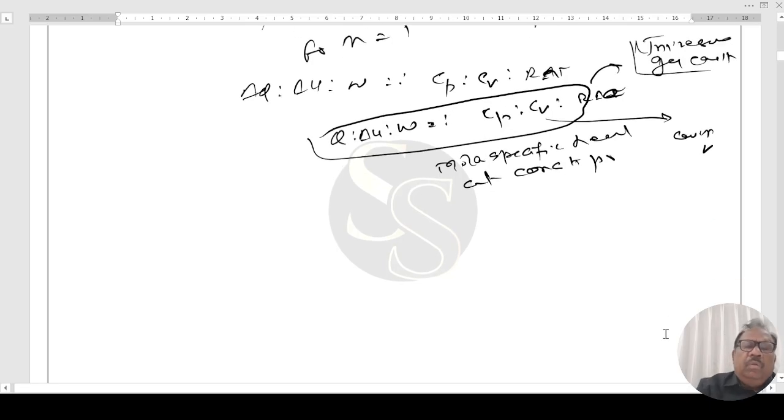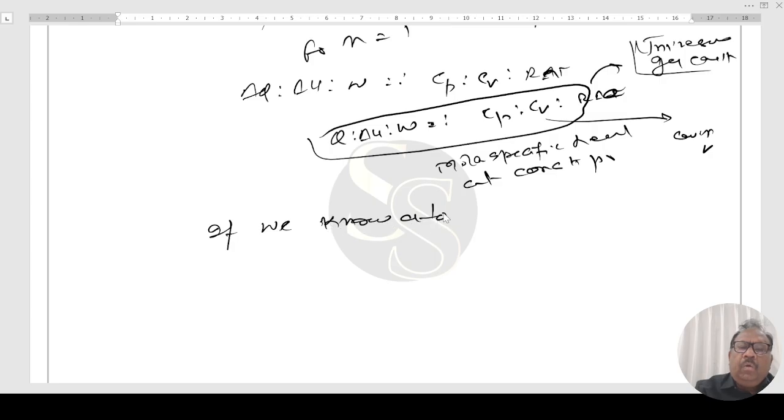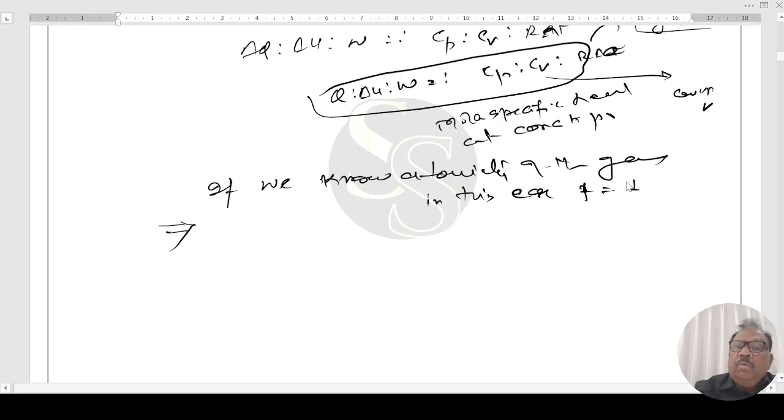Now, if we know the atomicity of the gas, the degree of freedom is 3 for monoatomic.